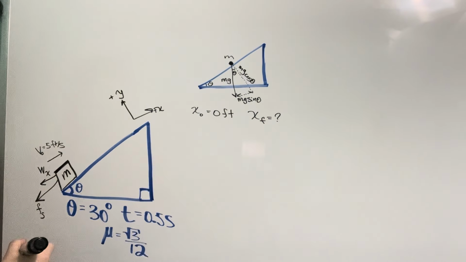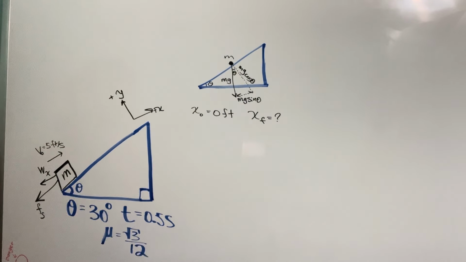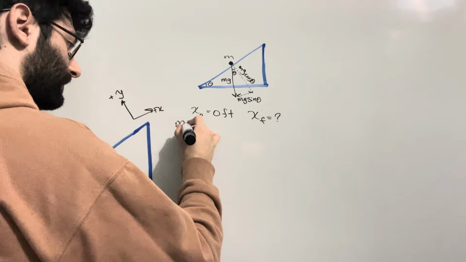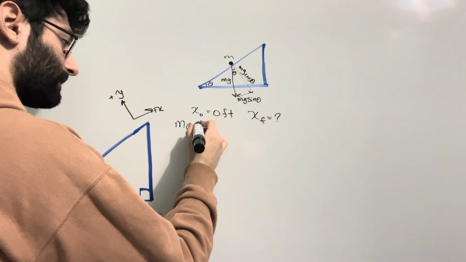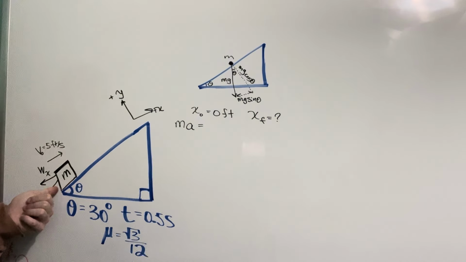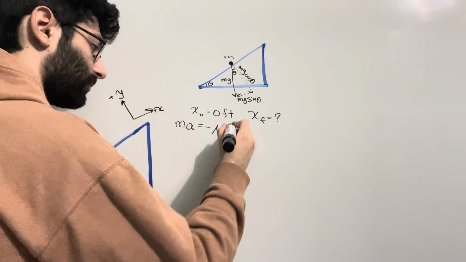We can solve for the acceleration, which is going to be in the negative x direction, by Newton's second law, because the sum of all forces is mass times acceleration. If the mass is moving in the positive x direction, we have friction opposing that motion in the negative x direction, giving us a minus mu times the normal force.